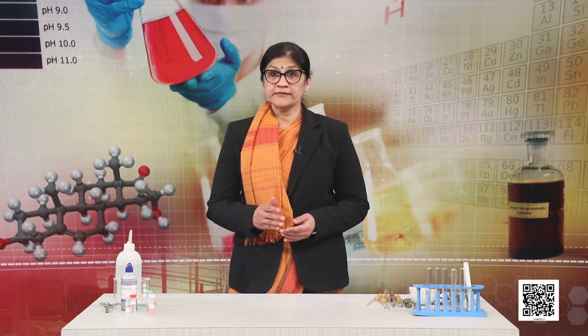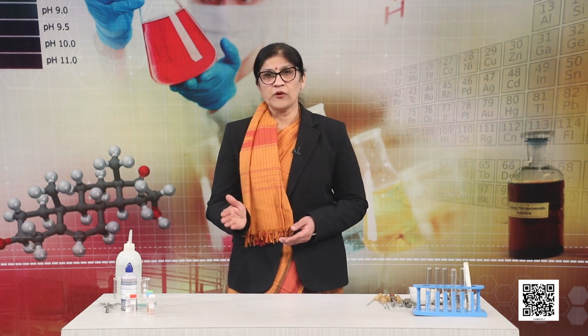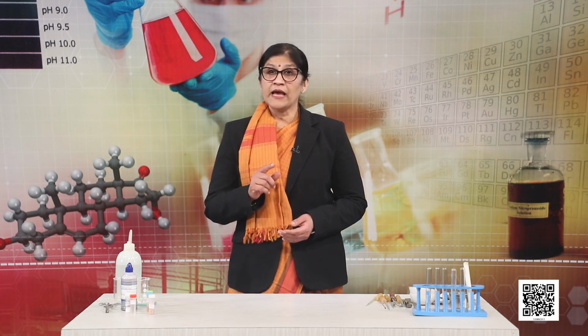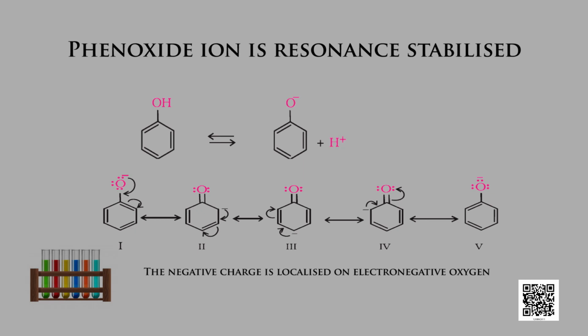Now, let us examine the stabilities of alkoxide and phenoxide ions. In alkoxide ion, the negative charge is localized on oxygen, while in phenoxide ion, the charge is delocalized. The delocalization of negative charge gives you 5 structures.